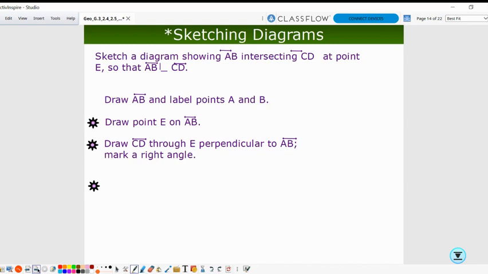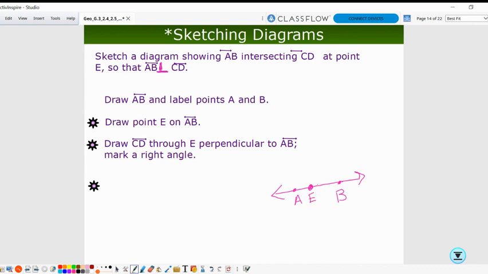Here's another one. Sketch a diagram showing line AB intersecting line CD at point E so that AB is perpendicular to CD. So we're going to draw AB. We're going to draw point E somewhere on AB.